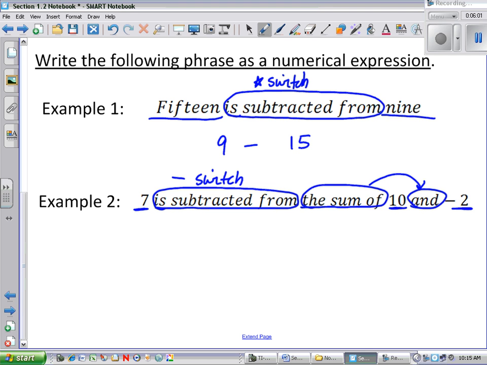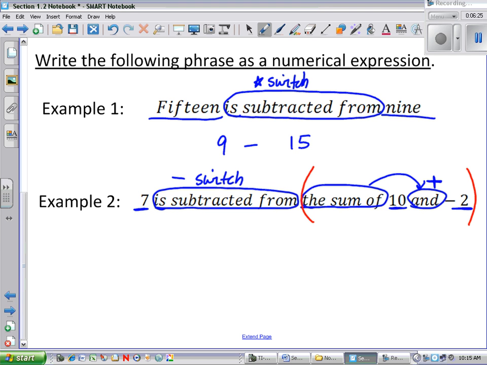order. The sum of 10 and negative 2 tells me that I'm going to put an addition sign where I have the and. Now, frequently when you have two phrases, one right next to the other, it's indicating that we want parentheses. Here I want to put parentheses around the sum of 10 and negative 2.